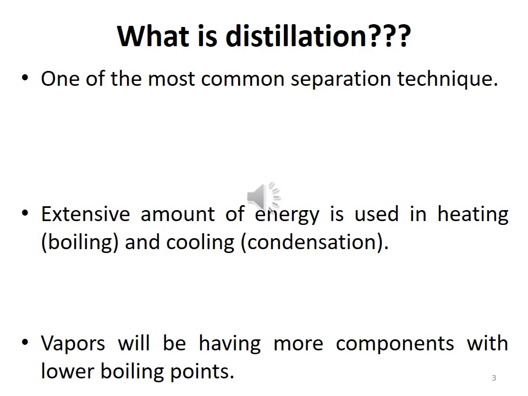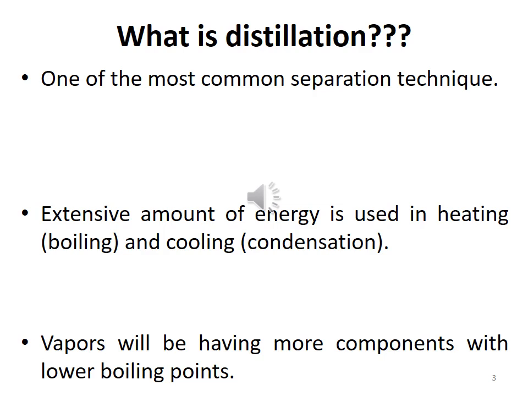So this distillation includes two phenomena. Number one is selective boiling and condensation. So the mixture will be boiled at a selective temperature and it will involve the subsequent condensation of the component which is in the vapor phase from the liquid mixture.